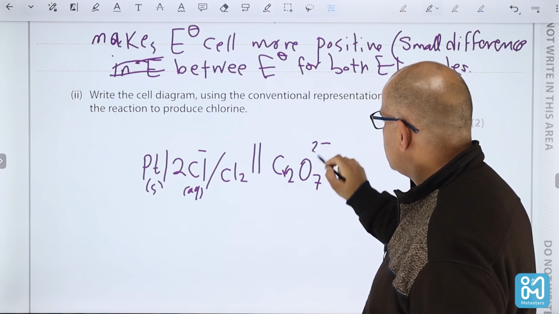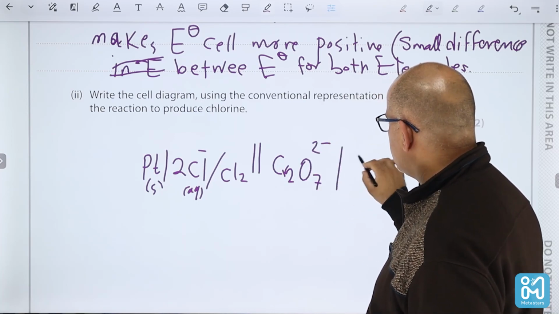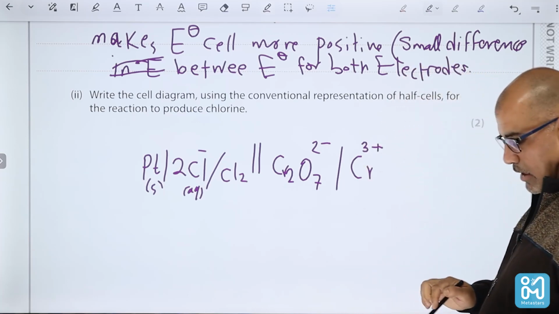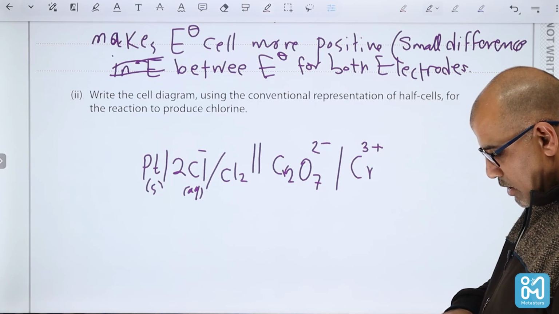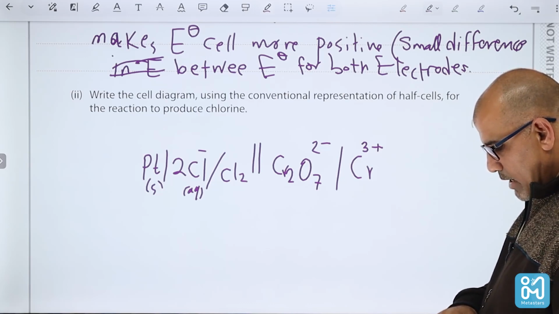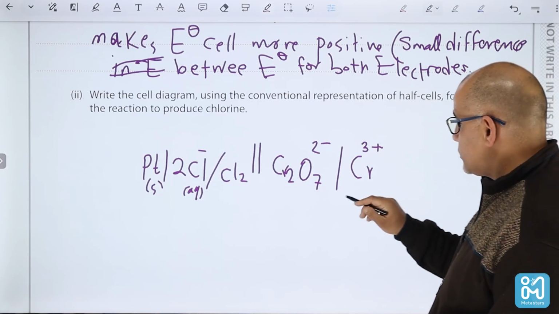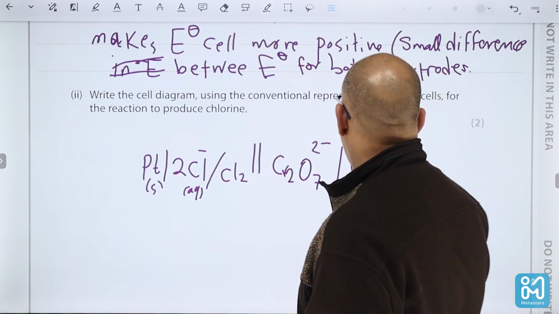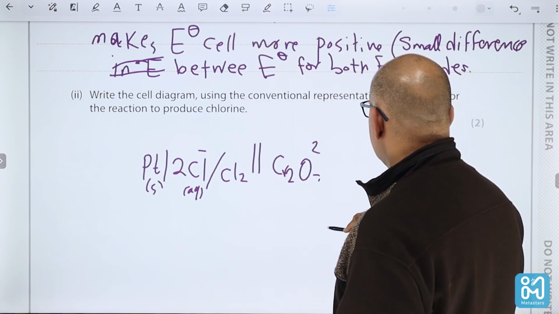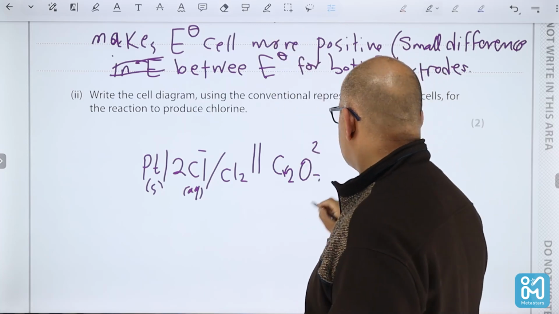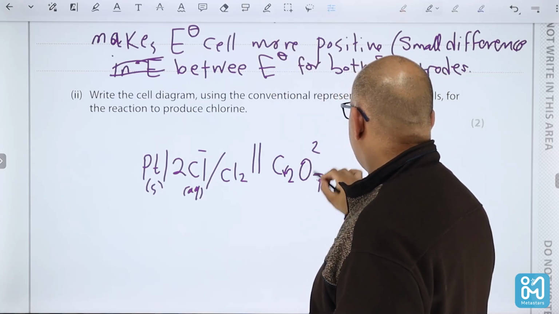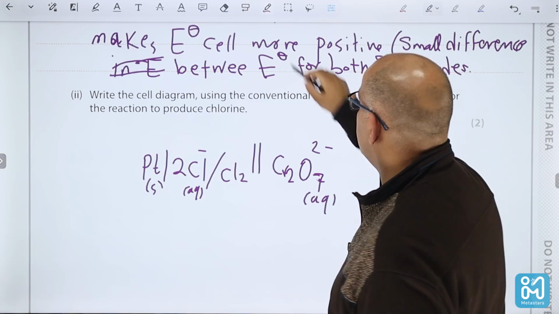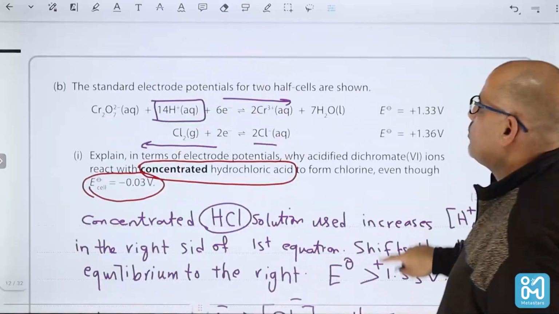Then we have the dichromate Cr2O7 negative 2, that is changed to Cr positive 3. Since we have a hydrogen ion, this is Cr2O7 negative 2 aq. In the presence, we can take the notation from the equation.